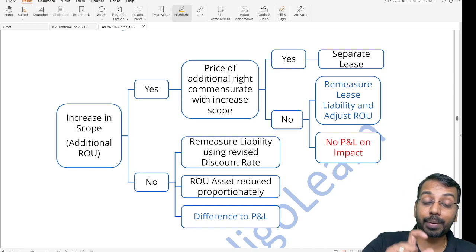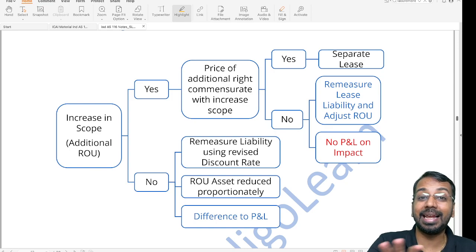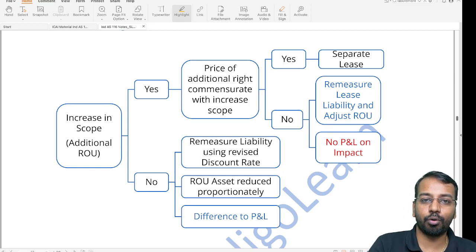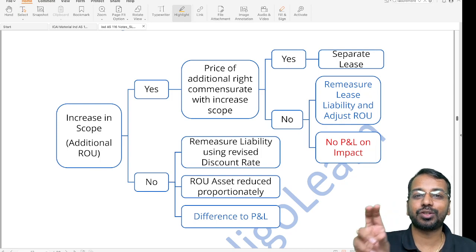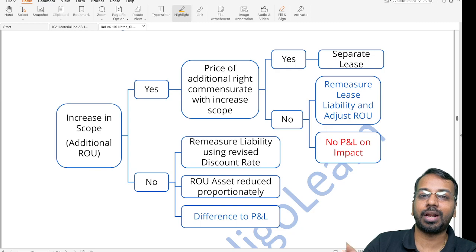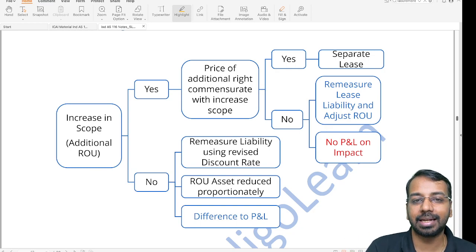Now the price of the additional scope is commensurate. Commensurate means it is relatable, it is in line with increase in scope. Whatever is the increase in scope, the price that I am paying is the price for the increased scope independently. So earlier I was paying 10,000, for one more floor I am paying 10,000. That is called the price which is commensurate with the increase in scope.